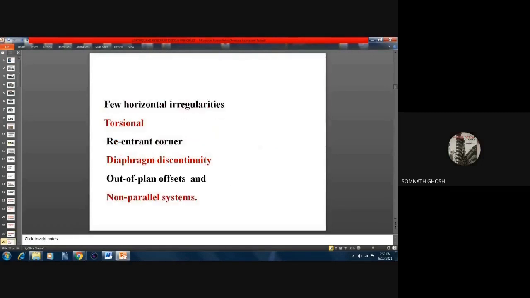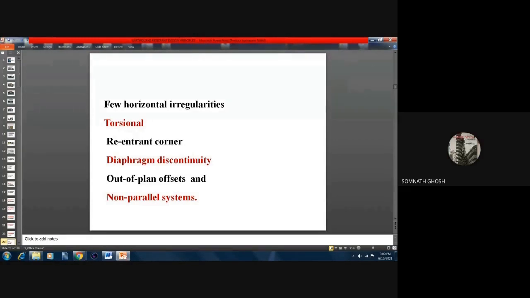Now you see the few horizontal irregularities. Normally, the earthquake force and inertia force act at the center of mass. But that center of mass may not coincide with the center of gravity.